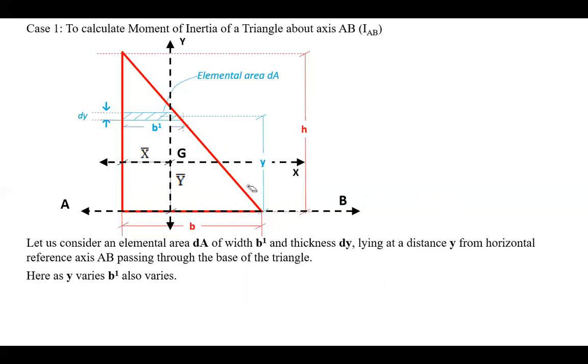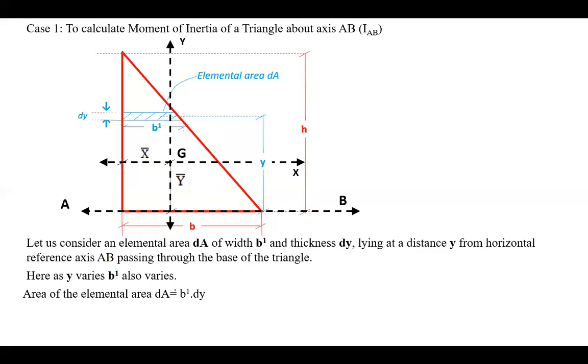To substitute and simplify, we cannot keep b dash only, so we need to convert it in terms of b and h only. That part we will do now.